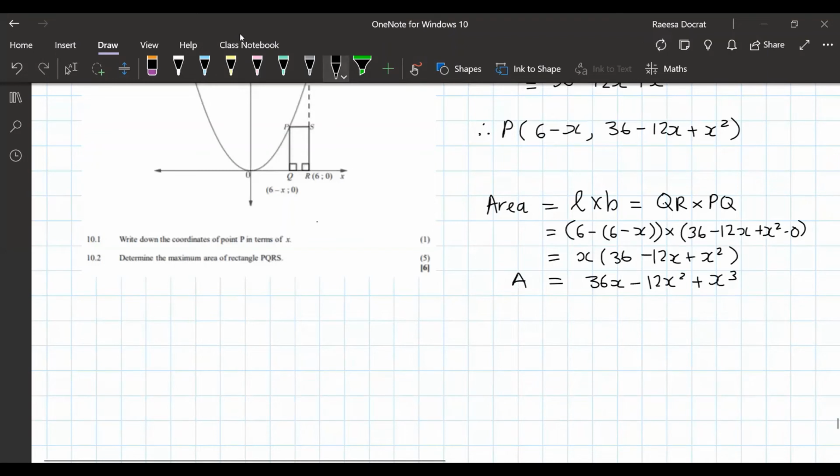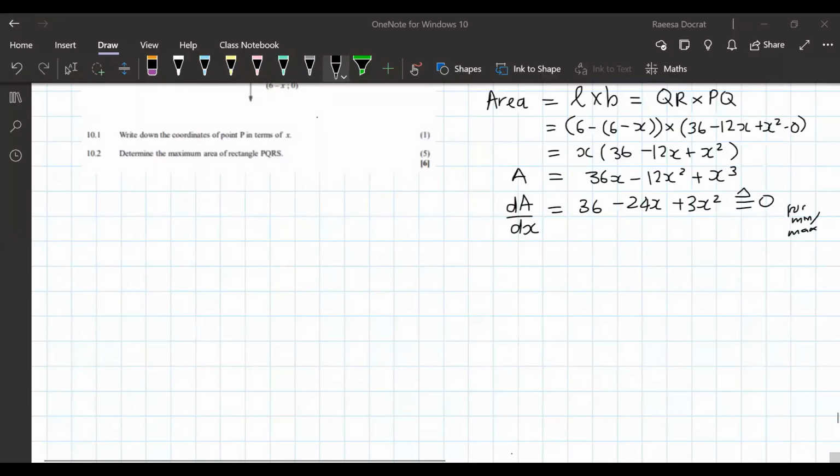That is the area. Now what we'd like to do is find the maximum. So to find the maximum, we take the derivative with respect to x. That is 36 minus 24x plus 3x squared, and we equate it to 0 for minimum or maximum. Now I'm going to divide everything by 3.